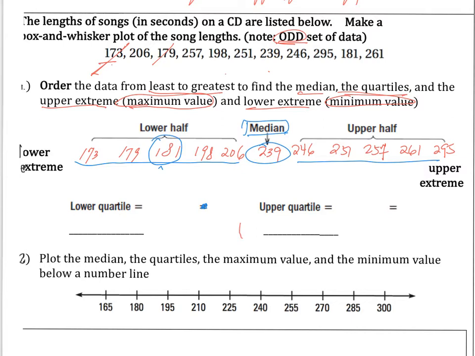So it would be 181. The definition of a lower quartile is the median of the lower half of the data set. And the upper quartile is just the opposite. That will be 257. So it's the median of the upper half.